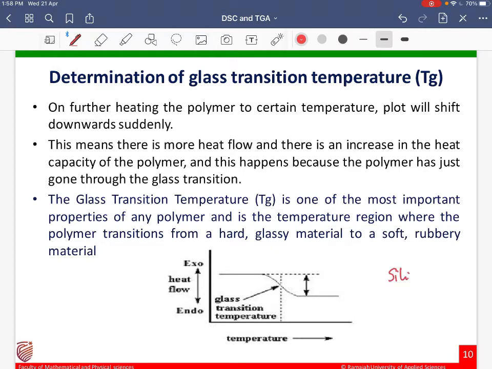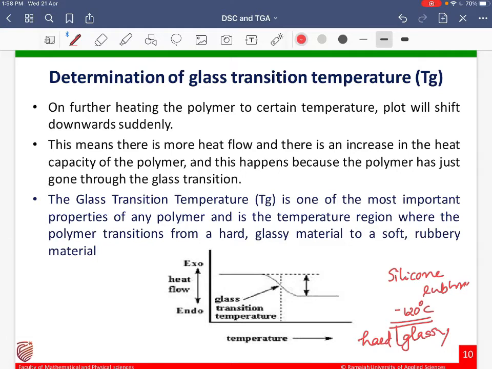For example, some of the silicone rubber grades have a glass transition temperature of minus 120 degrees Celsius. This means below minus 120 degrees Celsius, this silicone elastomer will behave hard and glassy.